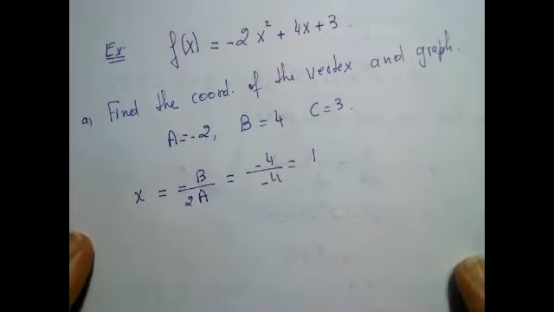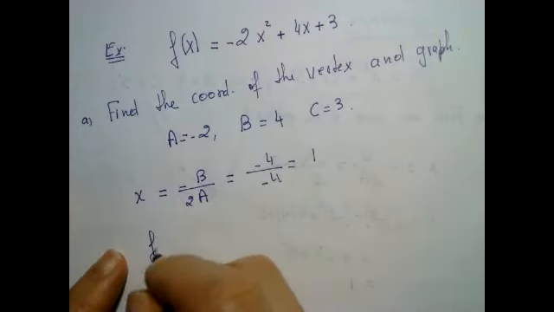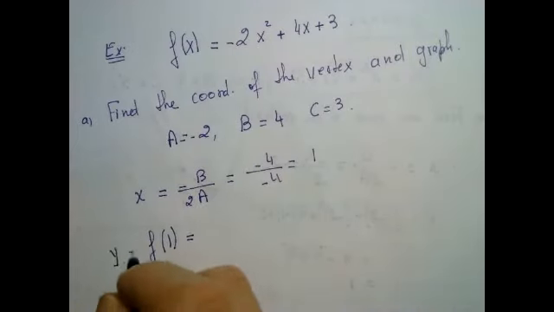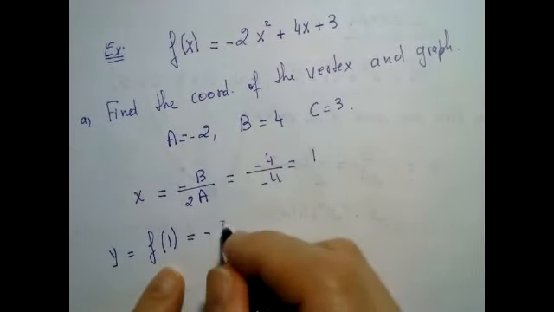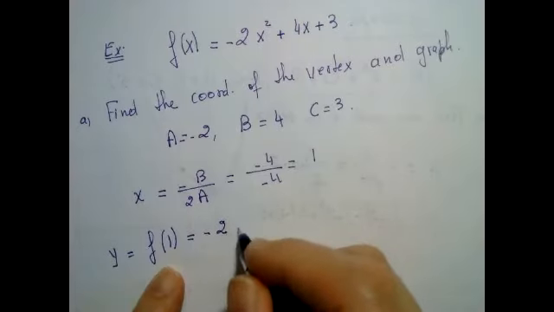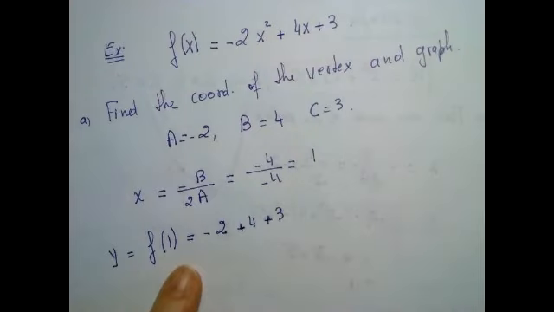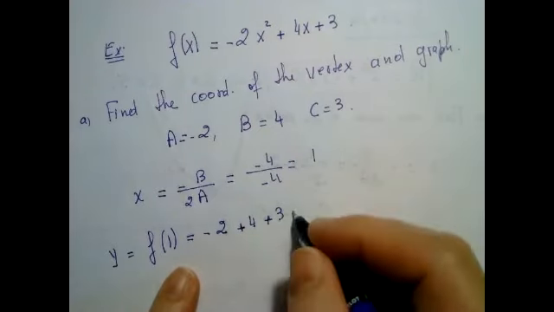So that's the x coordinate. Now for the y coordinate, I plug in 1 in the function. So at 1, I will have -2 plus 4 plus 3. So -2 plus 4 is going to give me a 2. 2 plus 3 is going to give me a 5.